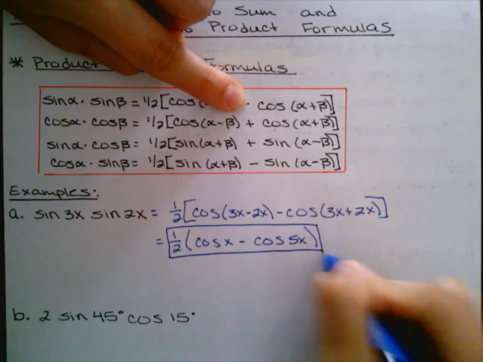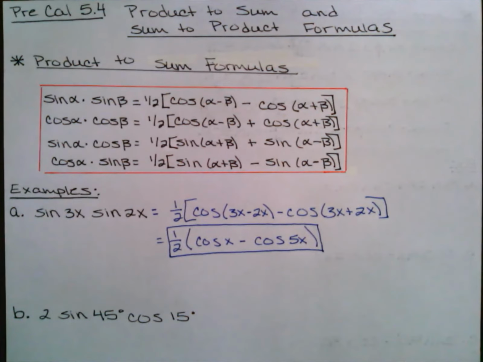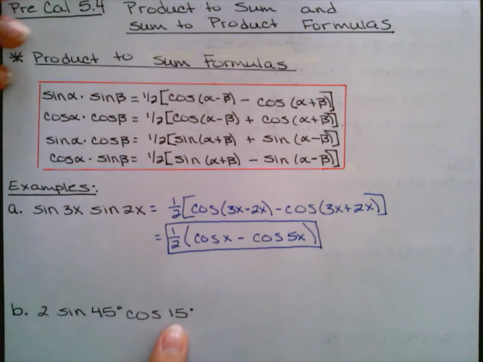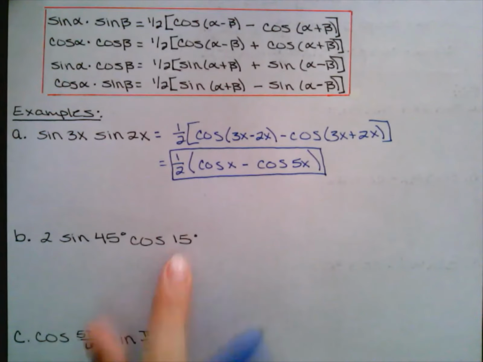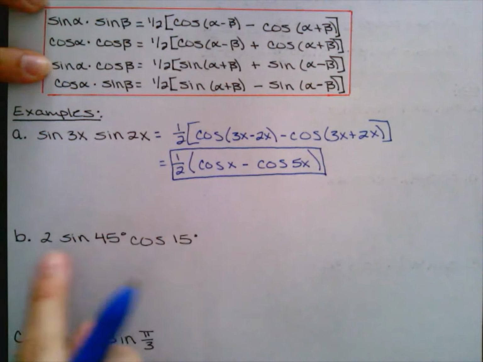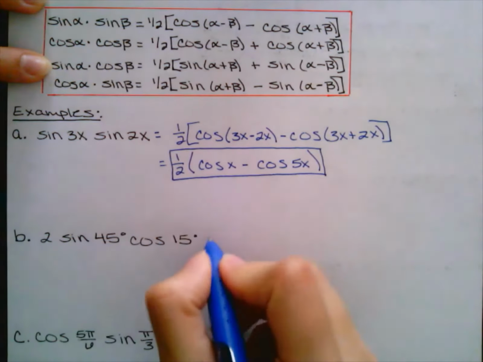Okay, so looking at our next one, 2 sine of 45 degrees times cosine of 15. I keep telling you in these videos that our goal is to use the side of the formula that gives us values on our unit circle. Now, although 45 degrees is on my unit circle, 15 degrees is not, okay? So I have sine times cosine, and this one has a coefficient of 2.